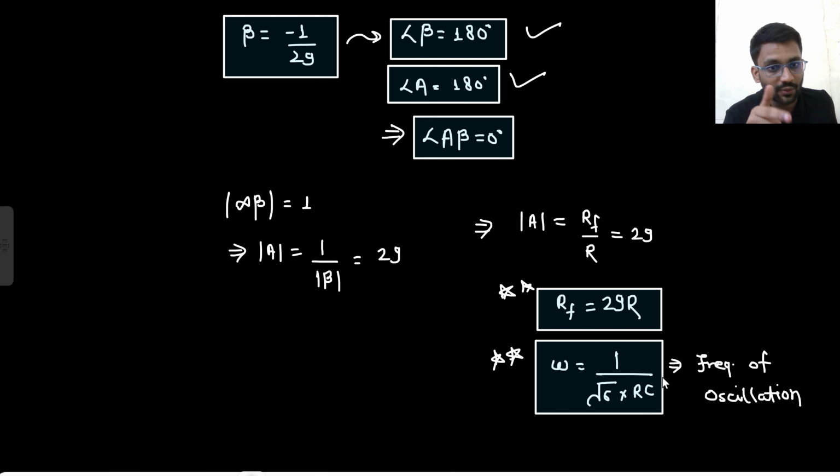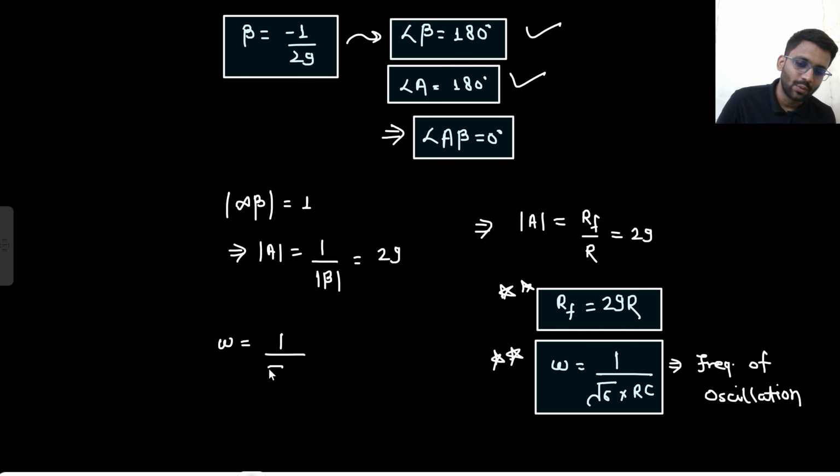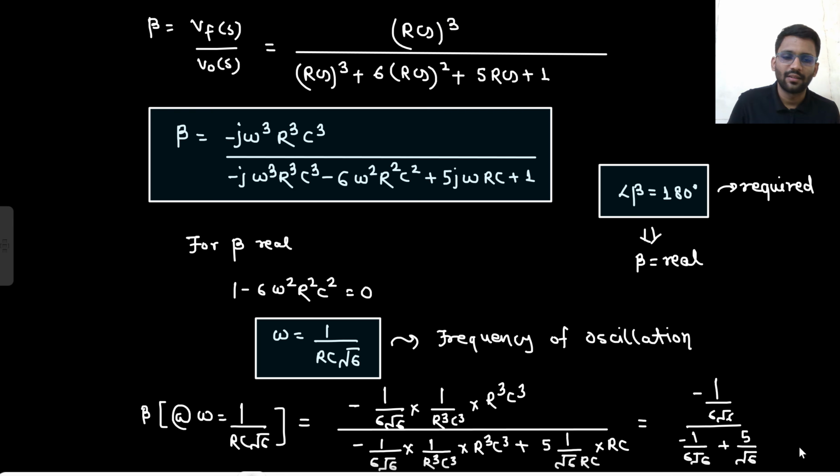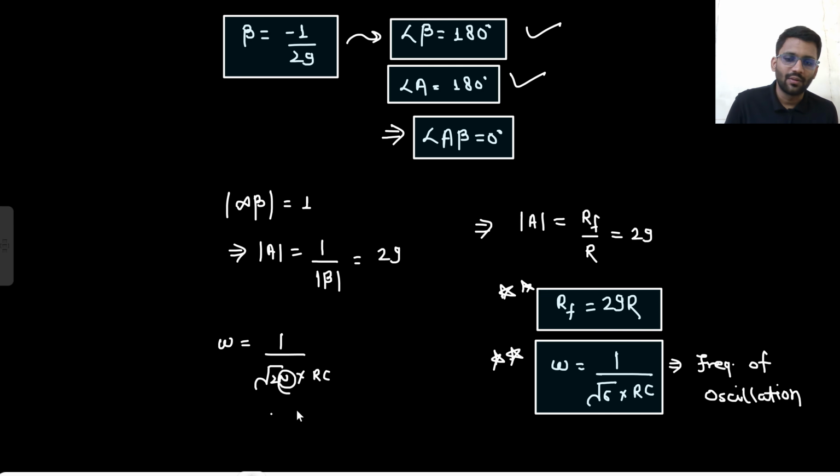Omega equals to 1 by root 6 RC. Some people also write it like omega is equals to 1 by root 2n RC, where n is the number of CR circuits. Here there are 3 CR circuits, no? So it is 1 by root 2n. So put 3, so it would be root 6 into RC.